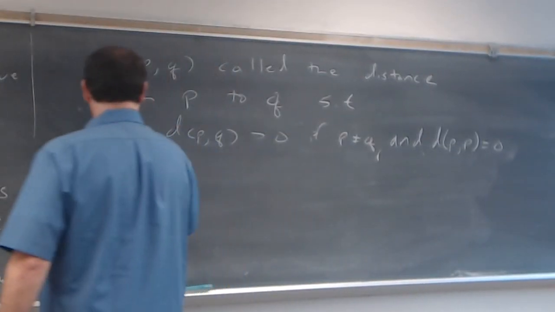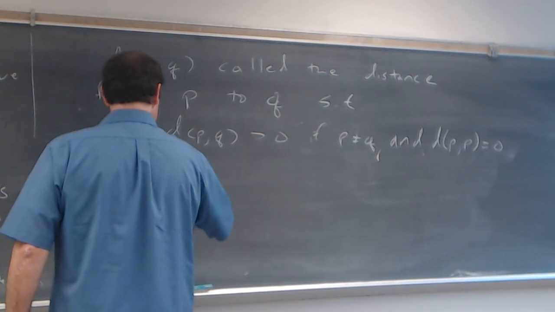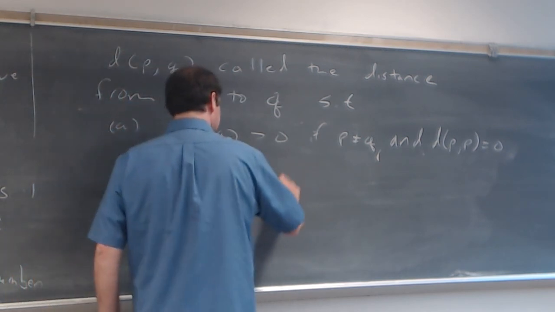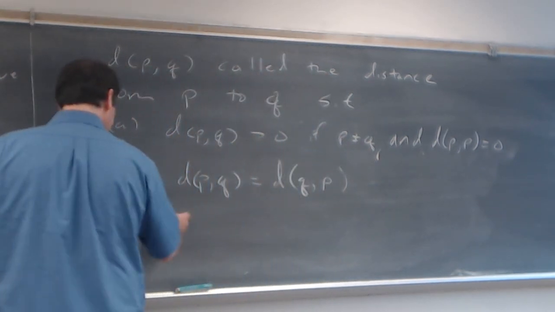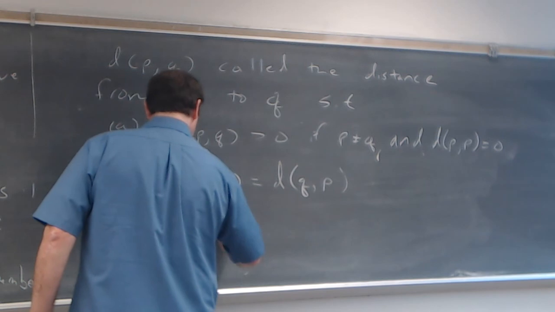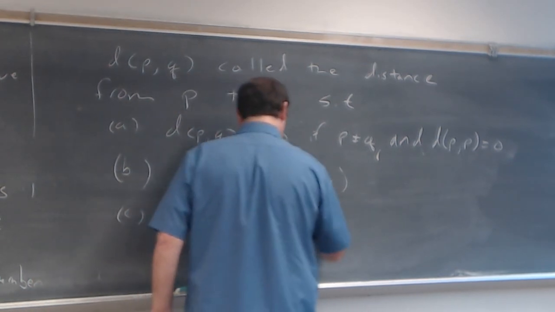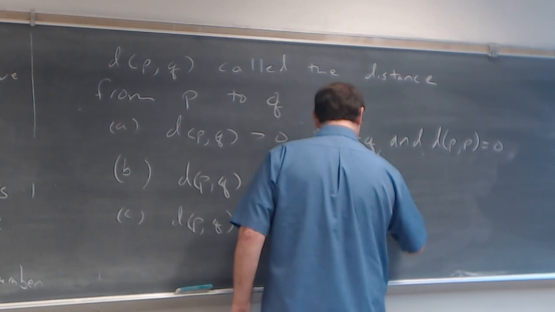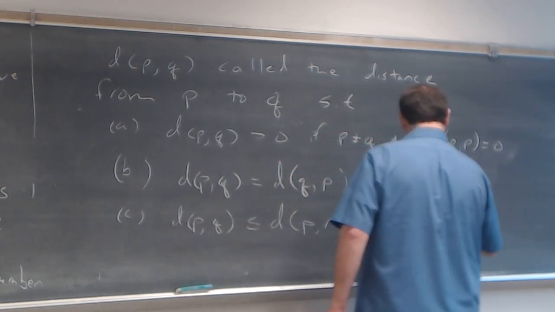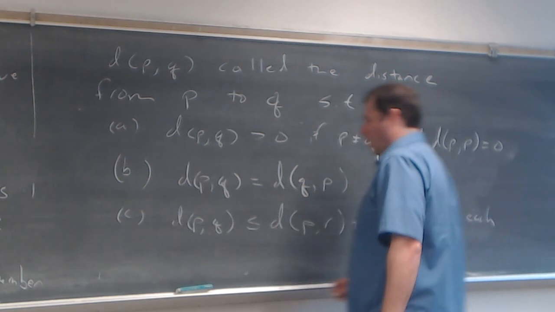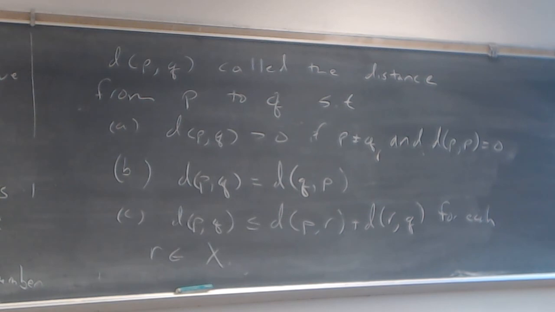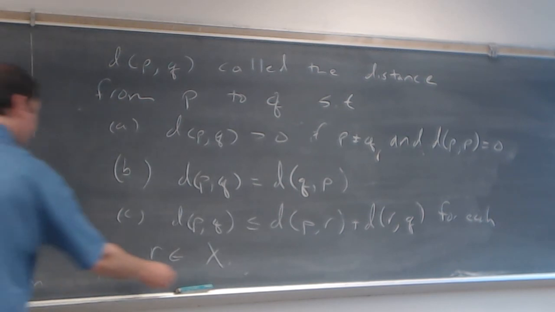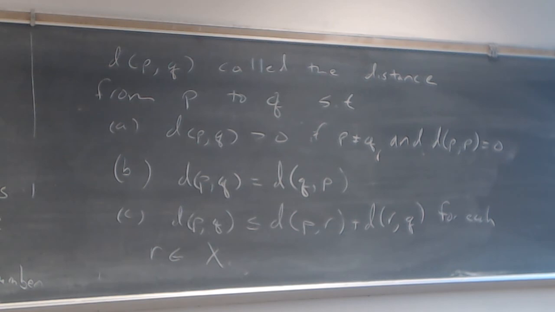B, the distance between P and Q is the same thing as the distance between Q and P. And part C, the distance between P and Q is less than or equal to the distance between P and R plus the distance between R and Q, and this is for each R element of X. So that's what we meant by a metric space.